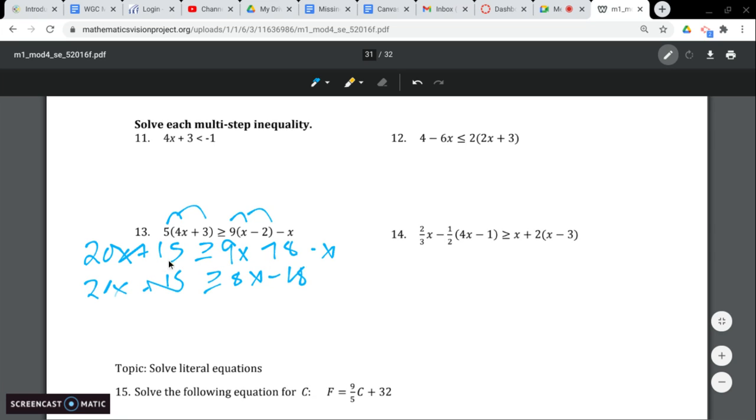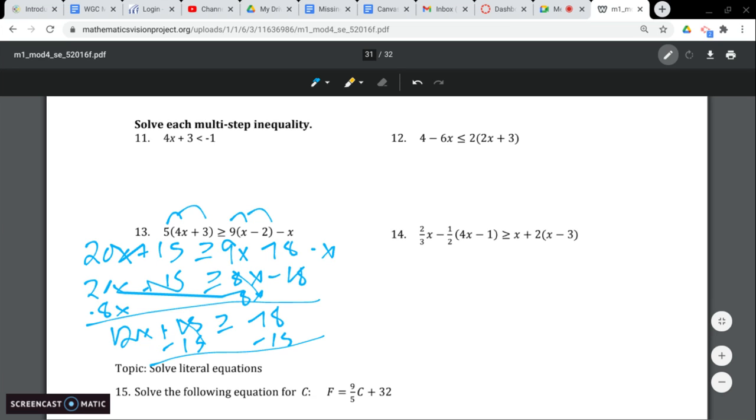Now we want to take and bring our x's to the same side. So I'm going to subtract the 8x. Sorry for the random line. So 20 minus 8 is going to give us a 12x, not minus 15, plus 15 is greater than or equal to -18. Now we subtract the 15.